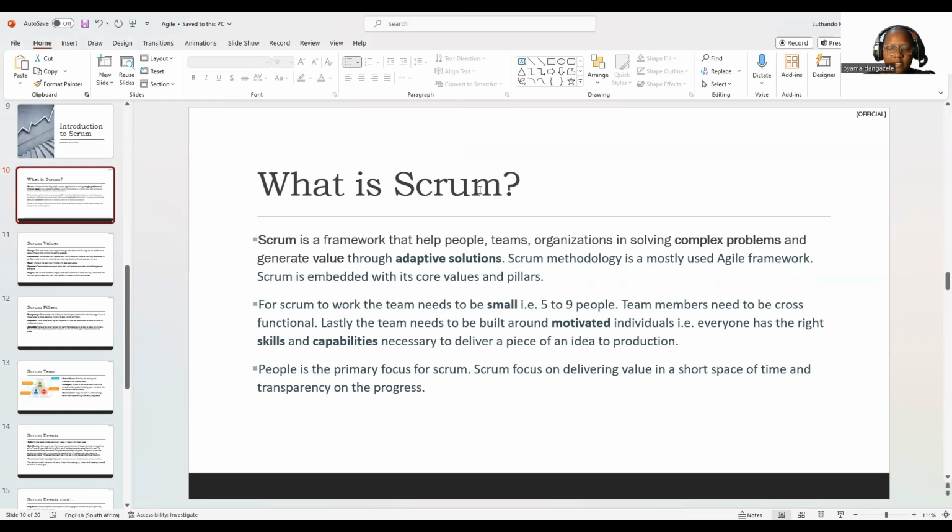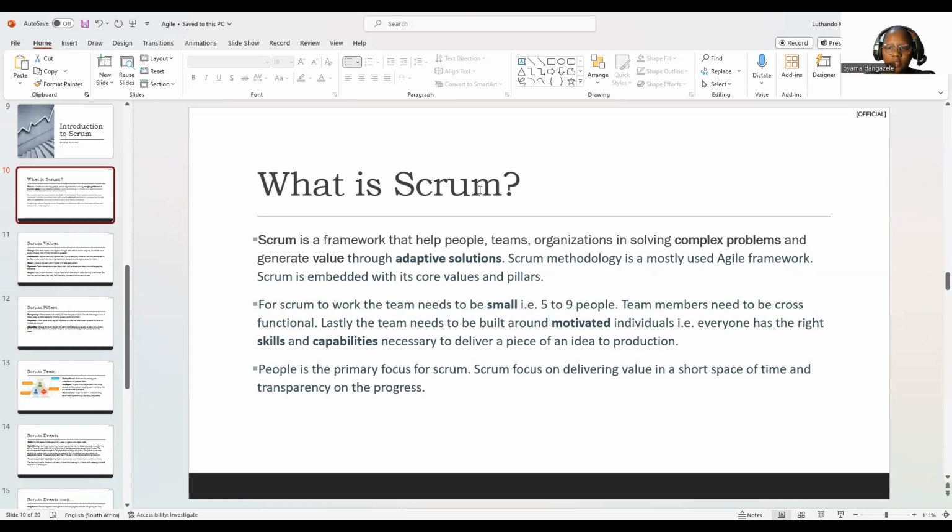And these team members need to be cross-functional. What we mean by that is that we have team members that are able to start a product from A and get it until the end. So meaning that you can take on requirements, develop those requirements until you get to production, and maintain.